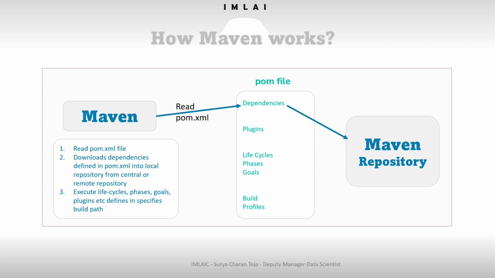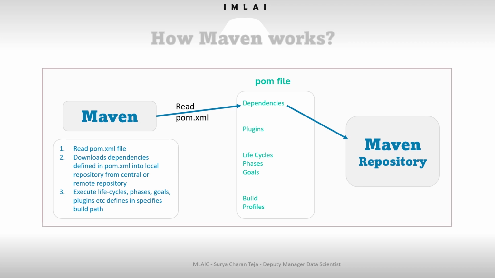Then we will see a few more terms: build life cycles, phases, and goals. We'll see what they mean. A build life cycle consists of a sequence of build phases, and each build phase consists of a sequence of goals.